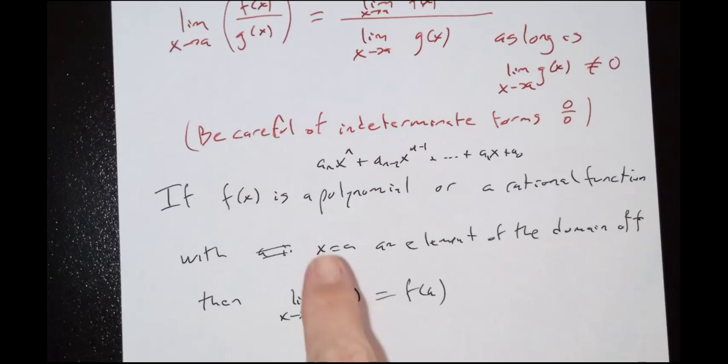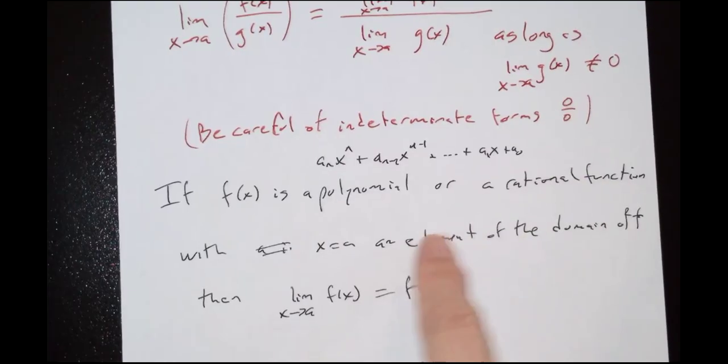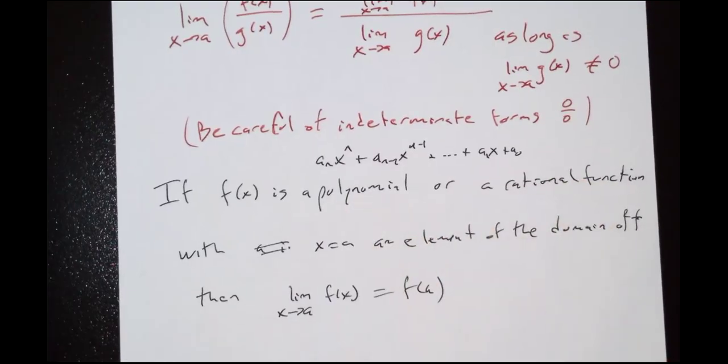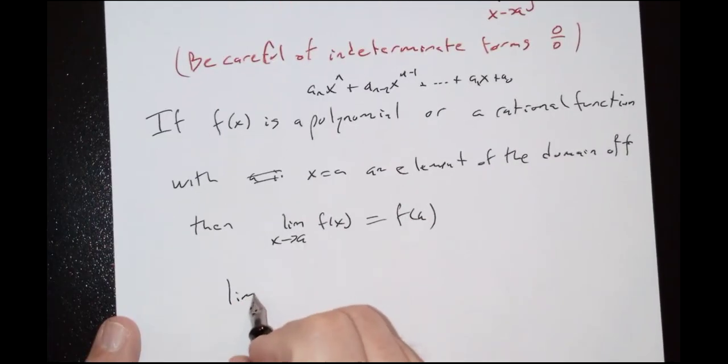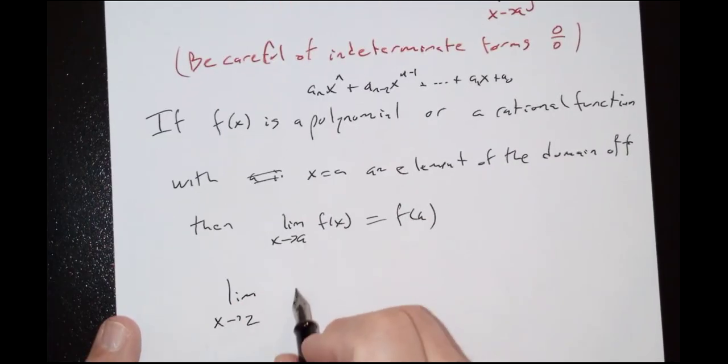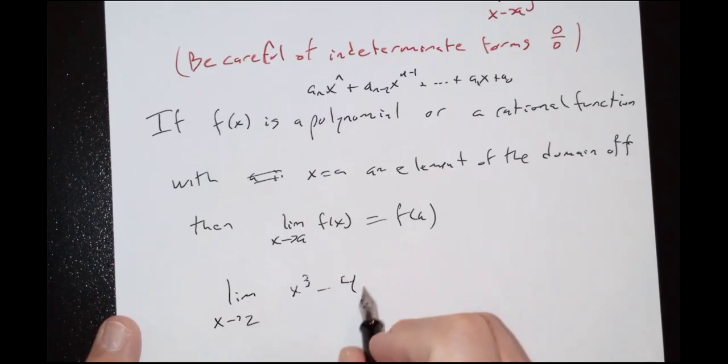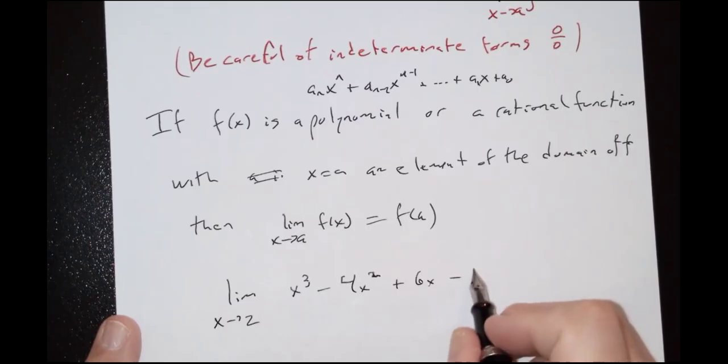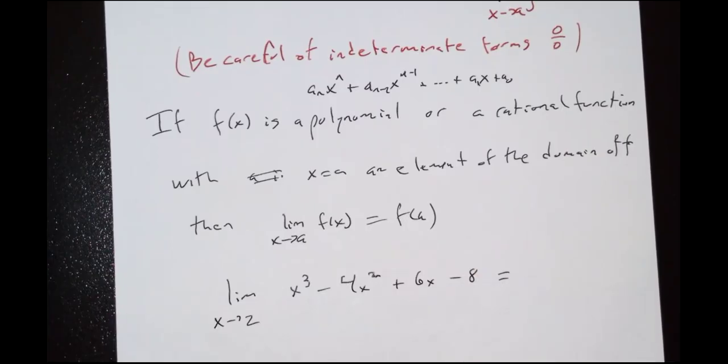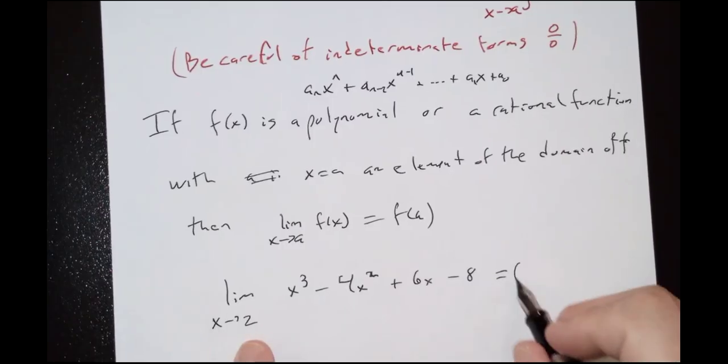If both of these conditions are true, or I have a polynomial, then I just plug in. So I can say, I want to plug that in. All I have to do to find this limit, instead of breaking it all up and using all those rules, is to simply put the 2 in there.